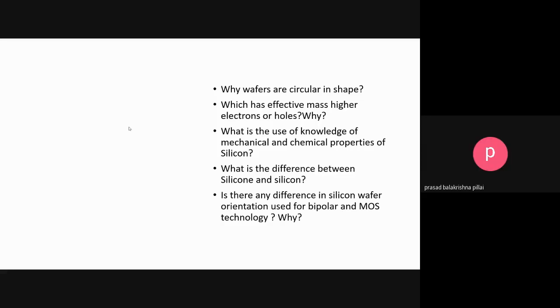It can be a rectangle, it can be square also, but never circular actually, because edges and all those things will come. But wafers are circular, that is the difference. The wafers are circular because of the pulling process, the crystal growth. Whereas for chips, the size is not standardized now. Earlier, the chip size was standardized. It was 1 millimeter by 1 millimeter square.